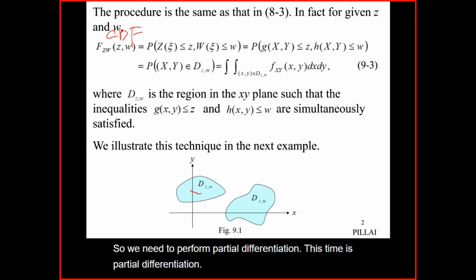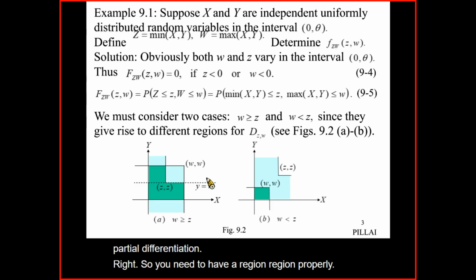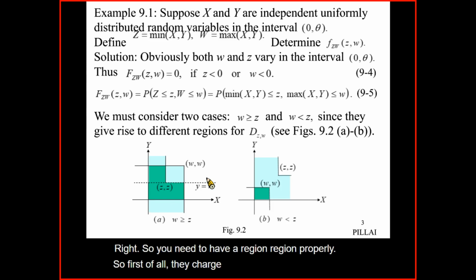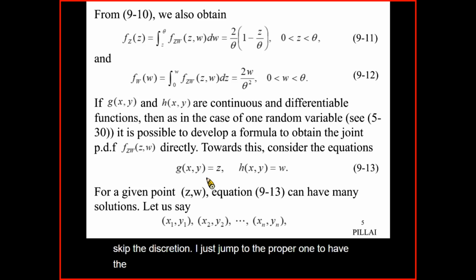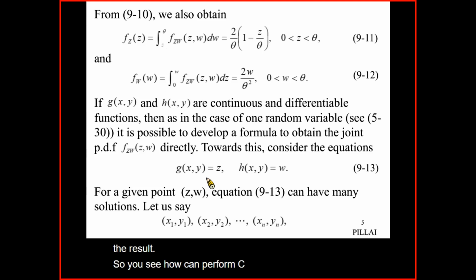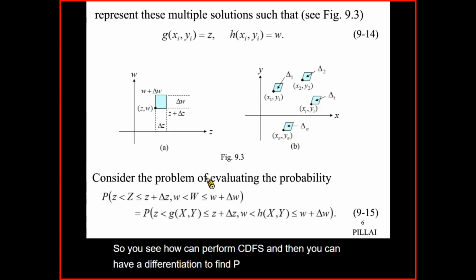So you need to have a region properly. First of all, they try to ask you to have the region, but I skip the description. I just jump to the proper one to have the result. So you can still perform CDF first, and then differentiation to find the PDF. But I jump this. I don't have the formula directly.